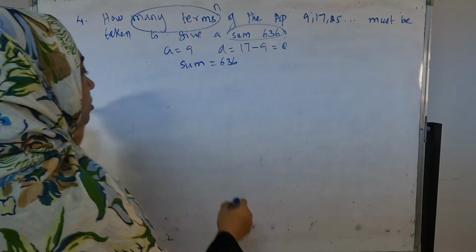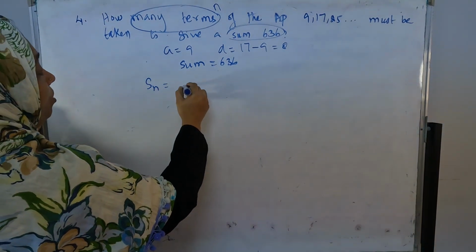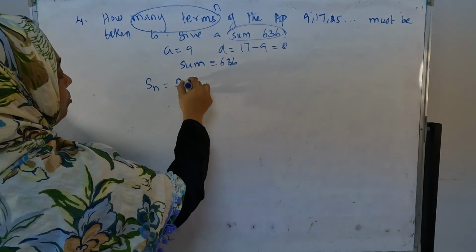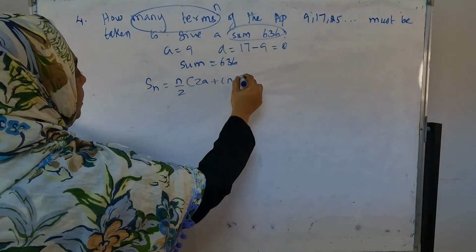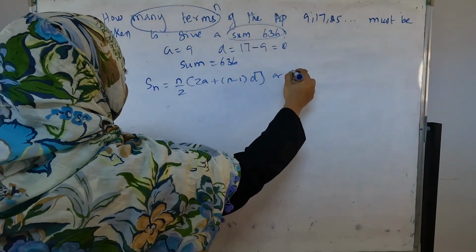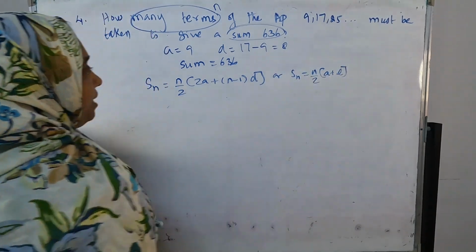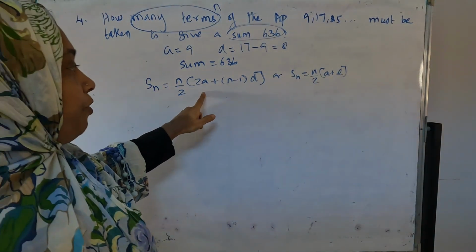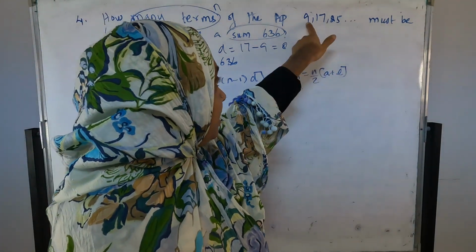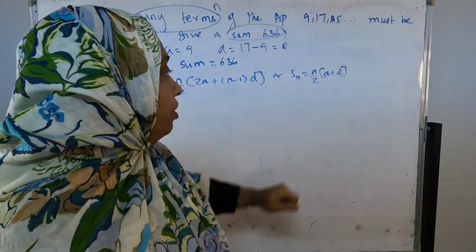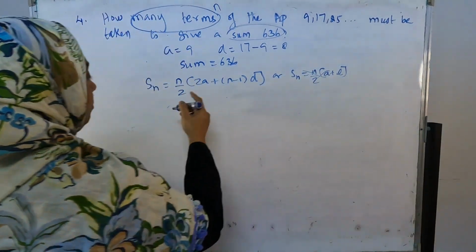Sum answer with us. So sum formula is what? Sn is equal to n by 2 into 2a plus n minus 1 into d, or Sn is equal to n by 2 into a plus l. Which formula is good for here? This formula, because last term is not here. So don't use the other formula here, this formula you use here.